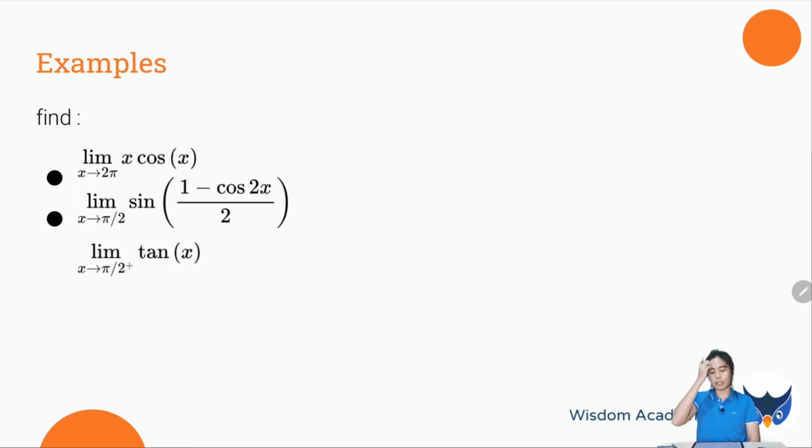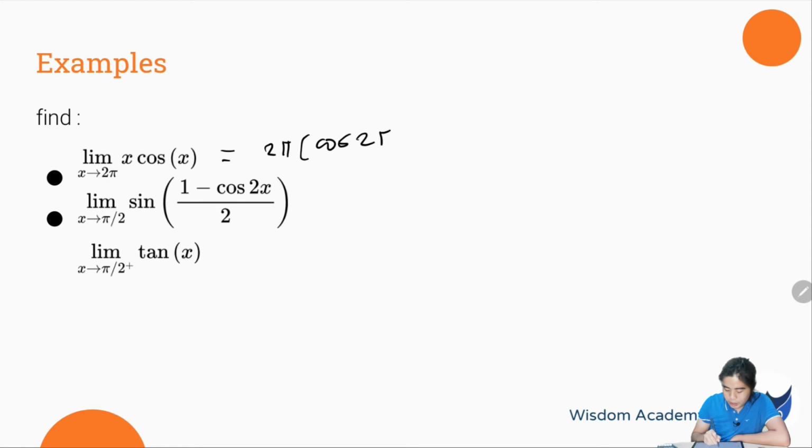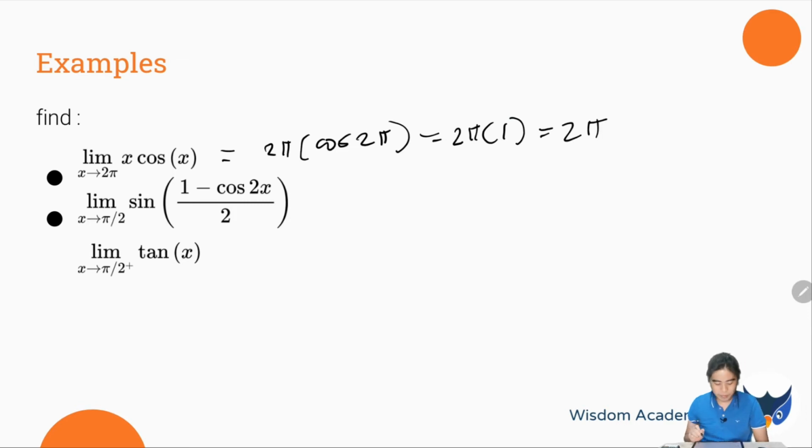Okay, so first examples. So, sa trigonometric functions, gagana pa rin syempre yung technique natin na direct substitution kapag pwede naman. So, by direct substitution, isa-solve natin to. So, 2 pi times cosine 2 pi will be equal to 2 pi times 1 is equals to 2 pi. So, ganun din for the second example.